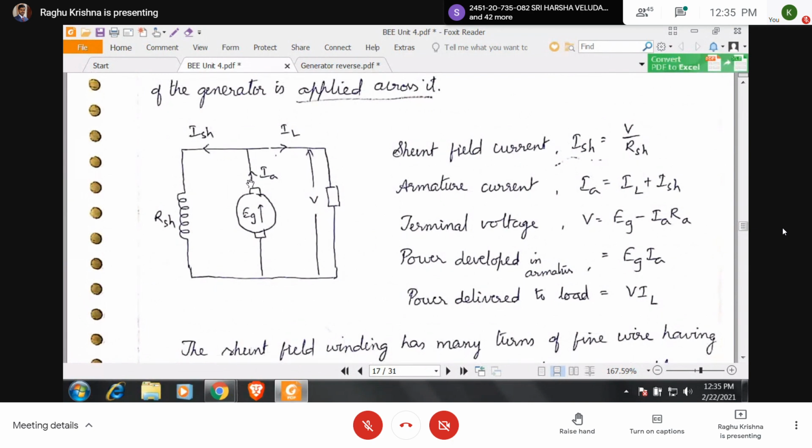If it is made up of high resistance, ISH will be less, so we can provide more current to the load. If you provide high resistance, it is made up of many number of turns. The shunt field winding is made up of more number of turns because ISH is low.